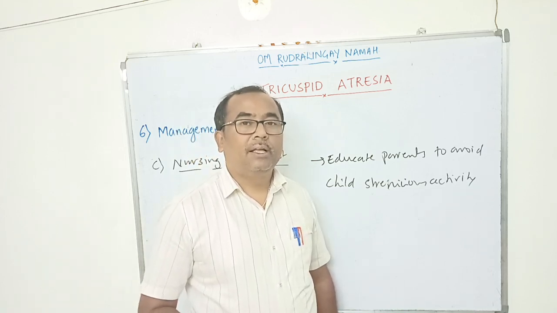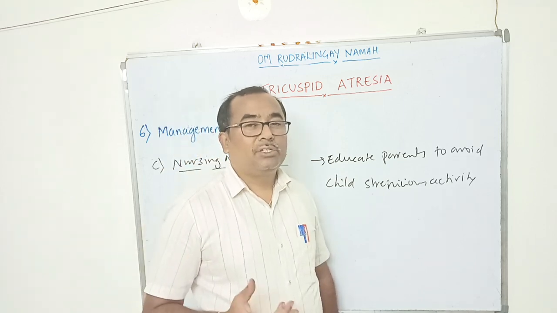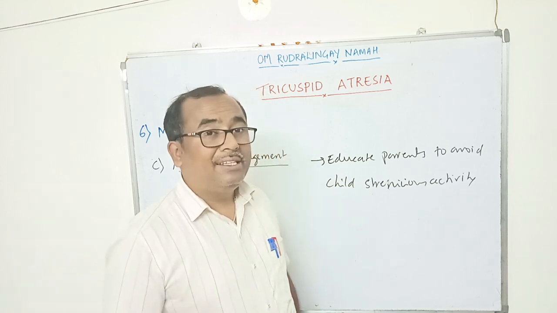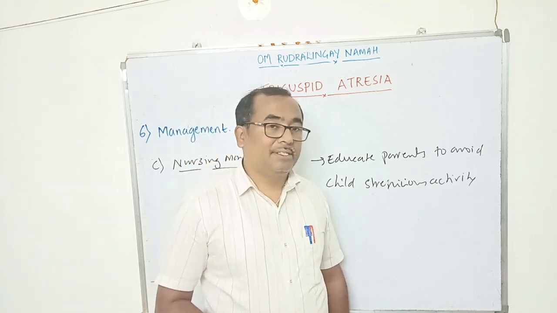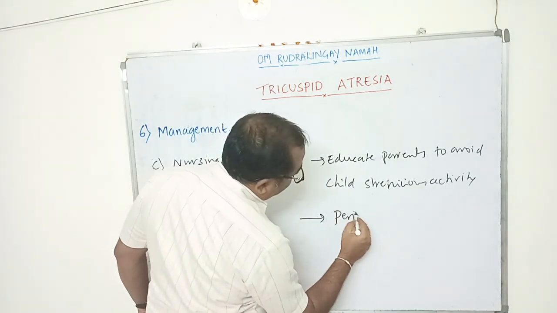Such activity should be avoided, because it increases the cardiac overload and also increases the oxygen demand. That's why we have to ask the parents not to indulge their child in any strenuous activities.